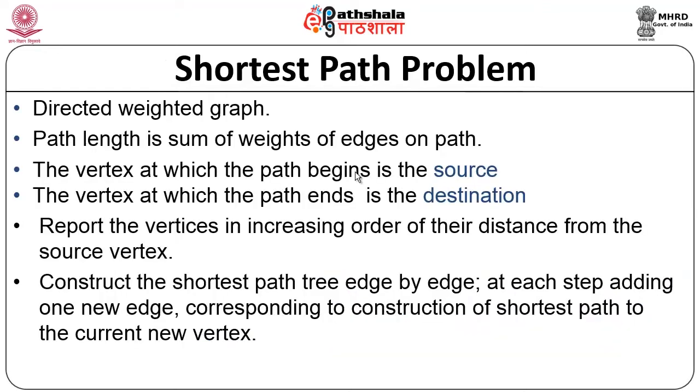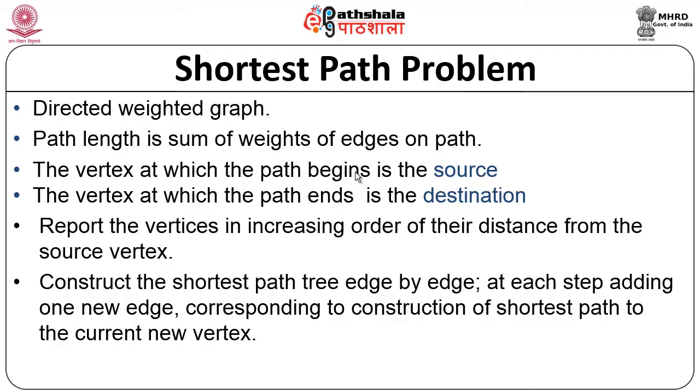Now, the shortest path problem: first you have to have a directed weighted graph. The path length we assume is the sum of the weights of the edges of the path. The vertex at which the path begins is called the source, and the vertex at which the path ends is called the destination, and we will report the vertices in increasing order of the distance from the source. So, you start with the source, then the next one is reported first, then the next one.